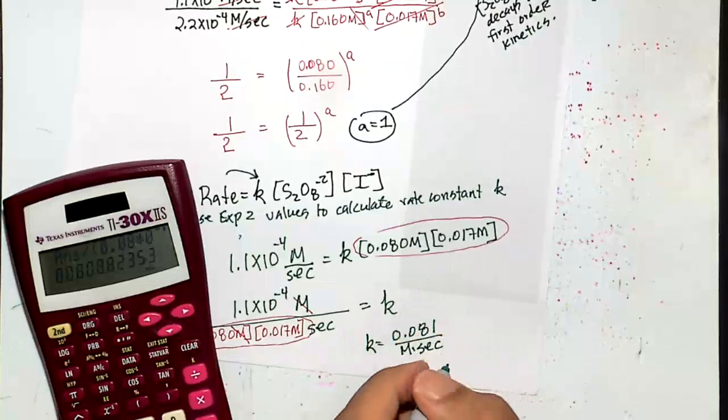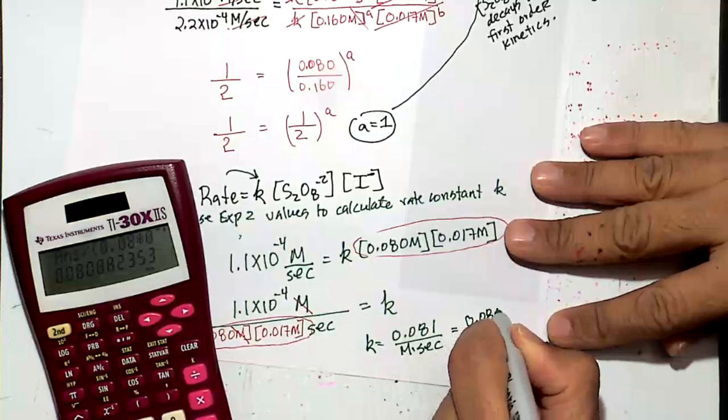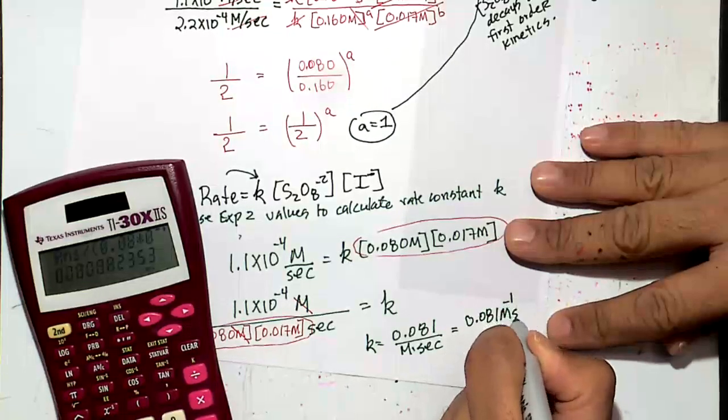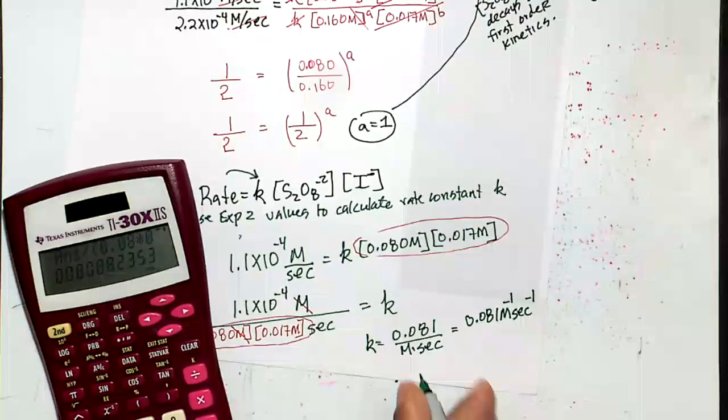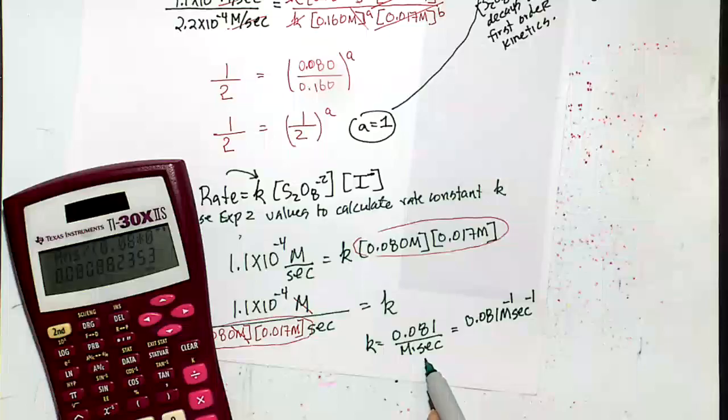Now I just want everyone to pay attention. I can also write it like this: M to the minus 1, second to the minus 1. I want to convince you that these two are one and the same. M in the denominator, I move it up, it becomes M to the minus 1.